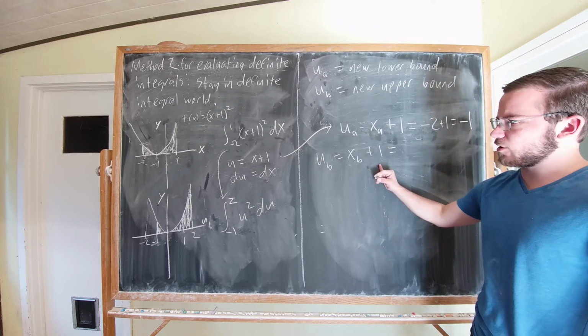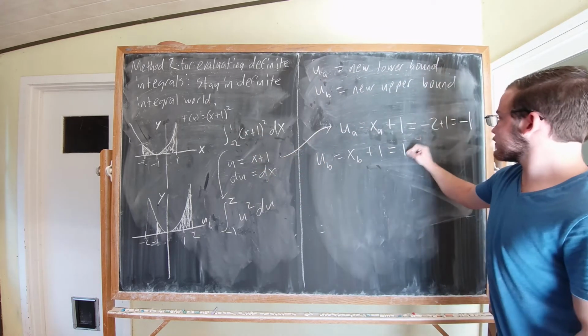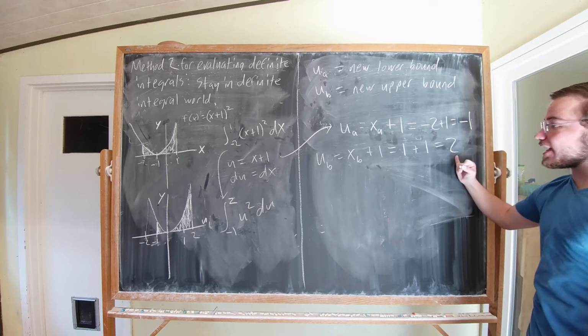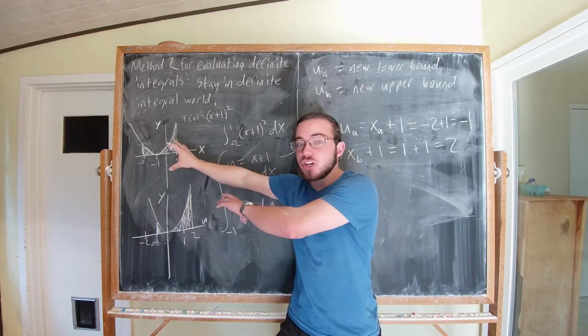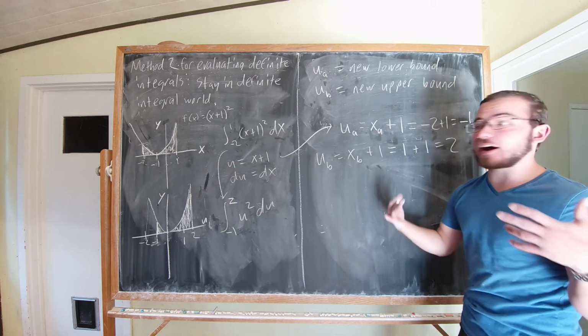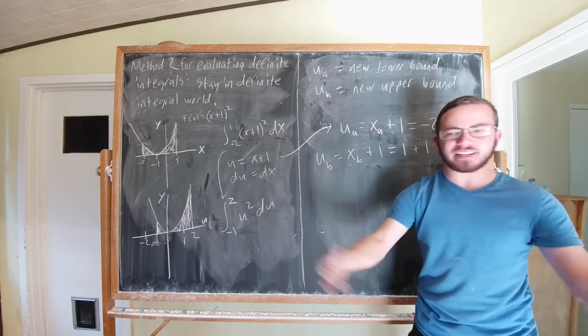Well, x sub B plus 1 is 1 plus 1, which is 2. So now we'd say, oh, the integral should be going from negative 1 to 2. But look at that, that's exactly what popped out from our geometric analysis of it. So, all that you have to do to find what the new boundaries of integration should be is run them through the transformation just like you did everything else.